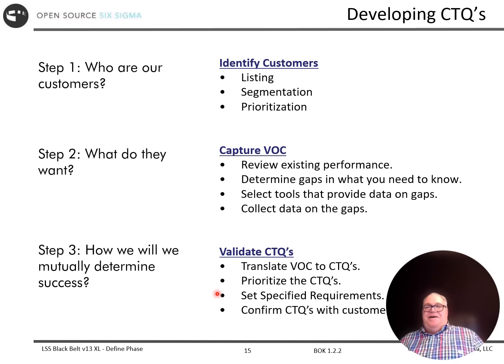Today with Amazon, maybe it needs to be shipped and delivered on the same day. So what is the requirement, so that we can make sure the process is designed to meet that.